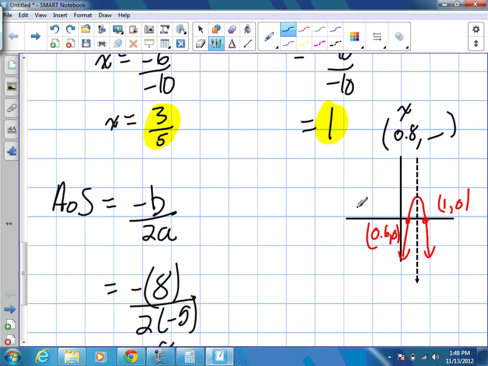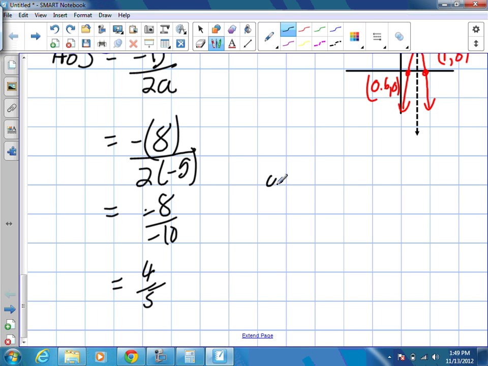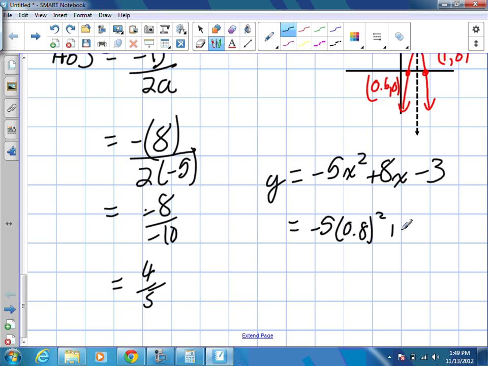Finally, how do I find the y value of this vertex? Yes, Cal. Substitute 0.8 into the equation. Very good. So we take the original equation, y is equal to negative 5x squared plus 8x minus 3. Okay, we're going to plug in our 0.8. So negative 5 times 0.8 squared plus 8 times 0.8 minus 3.